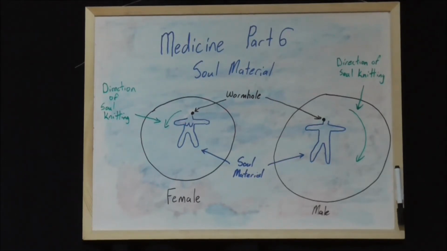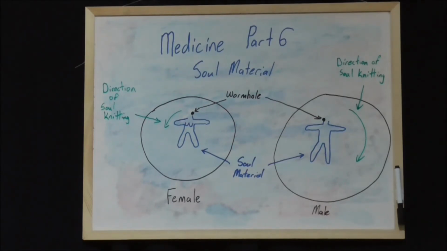So wormholes can emit material with the right amount of gravity. That's how you influence wormhole element. It emits mana, and in this case a kind of mana that is soul material.